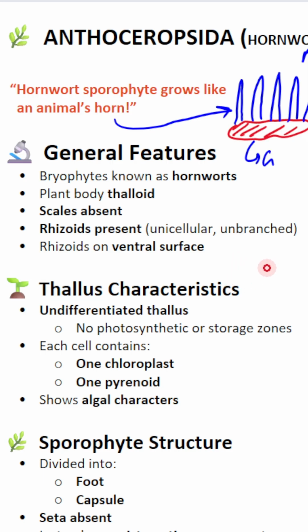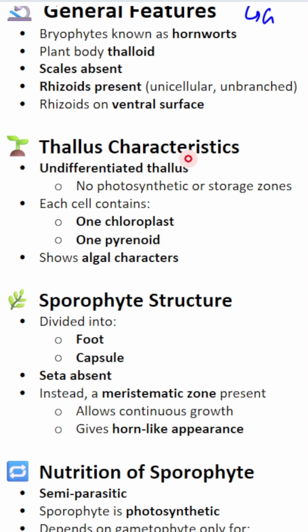Now let's move into its thallus, or plant body. The thallus is not differentiated into stem, leaf and roots, so it is an undifferentiated thallus. No separate photosynthetic or storage zones are present; the whole body acts as photosynthetic tissue and also helps in storage. In liverworts two zones are present, one for photosynthesis and one for storage, but here that is not the case.